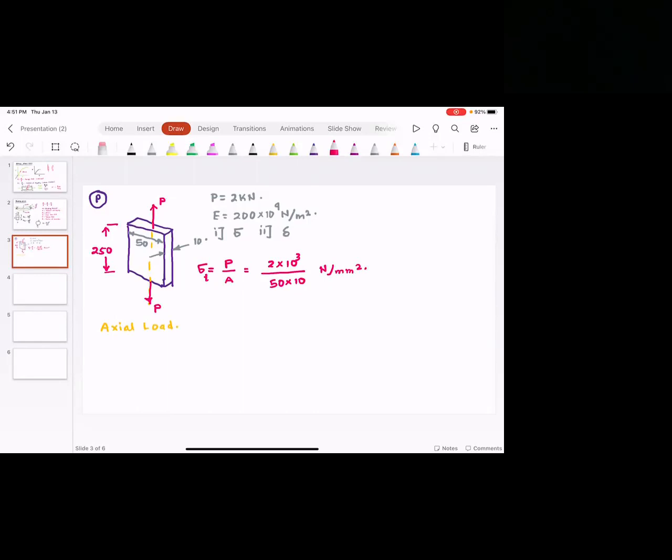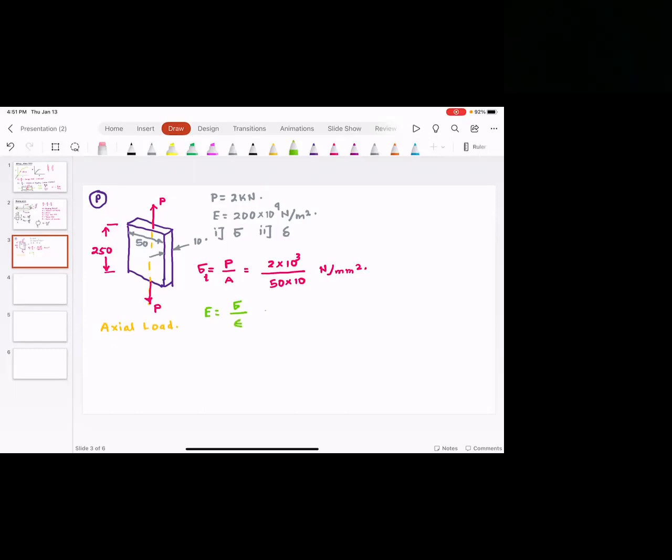Everyone agrees? Now the next question, which is an important question: how do I find out the elongation or the deflection of this rod? The equation to be used is Young's modulus equal to stress divided by strain.